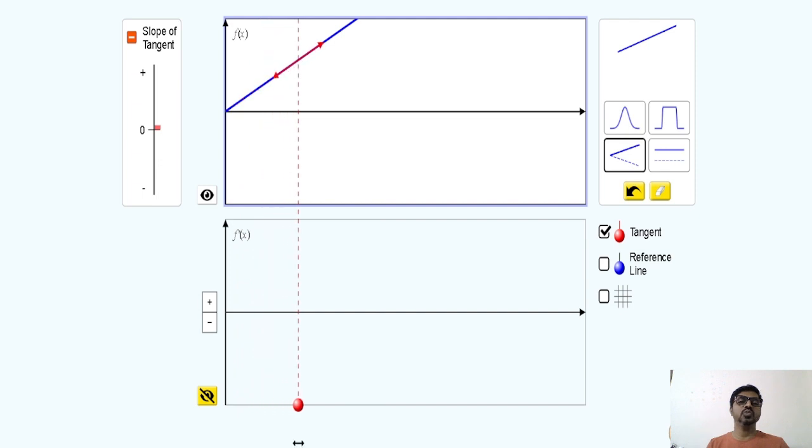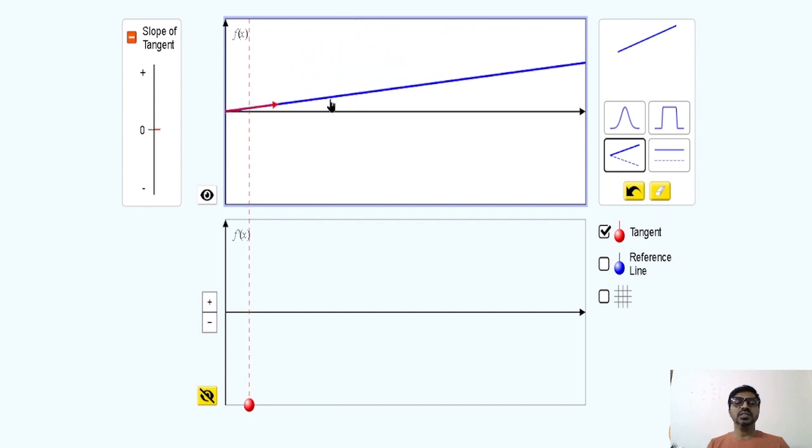The tangent is moving, but it is not rotating. The orientation of the tangent is constant throughout. When the tangent makes the same angle with the positive x-axis, the slope is not going to change. Meaning for a straight line, slope is constant, and here it is positive because it is upward sloping.